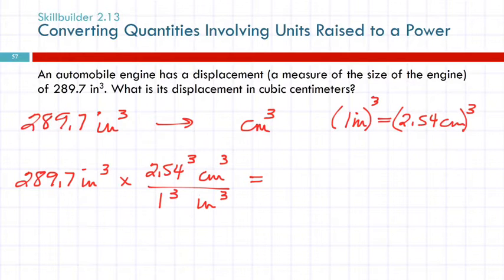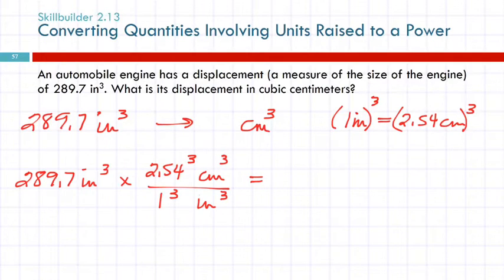You could do this on your calculator a couple of different ways. You can multiply by 2.54 raised to the third power, or you can just type in times 2.54 three times. Just use the method that makes the most sense to you. So 289.7 times, and I'm going to use the exponent method.